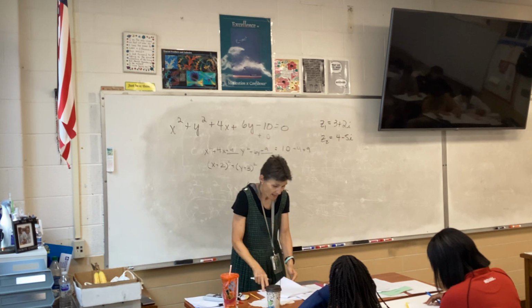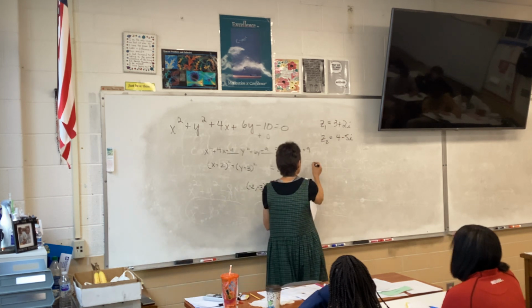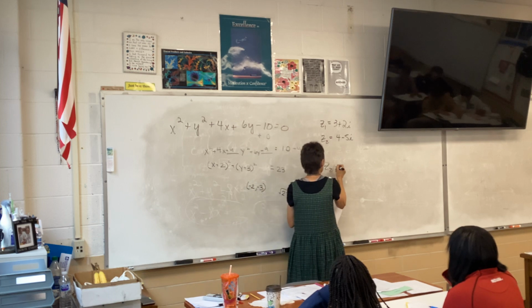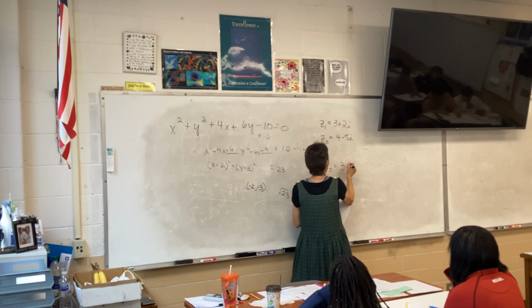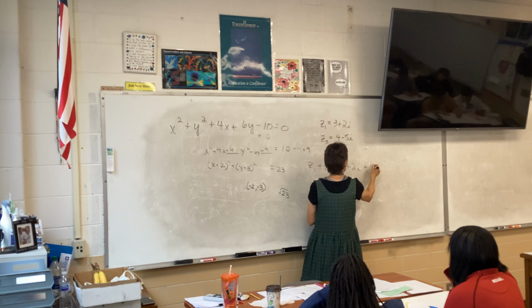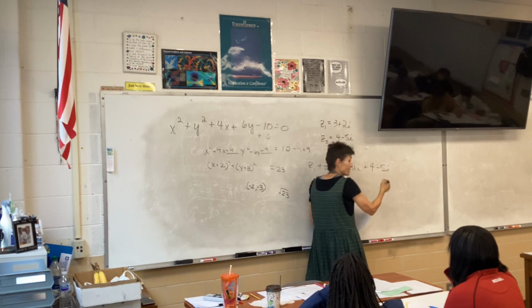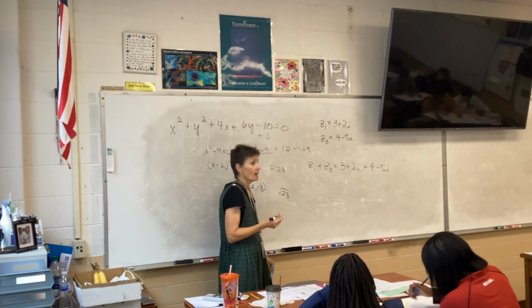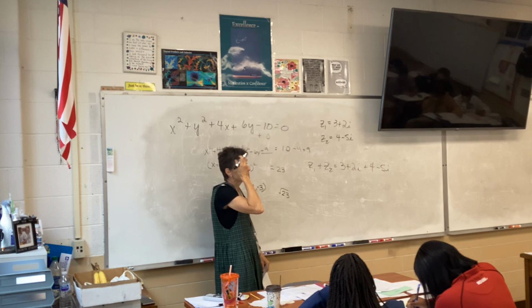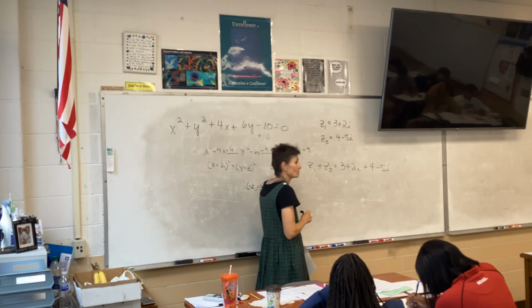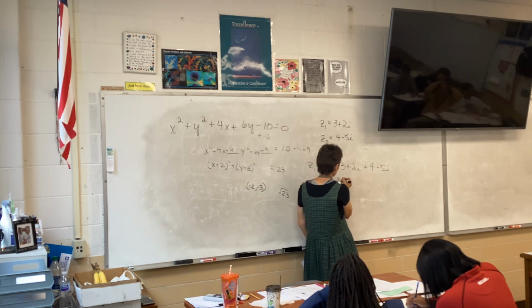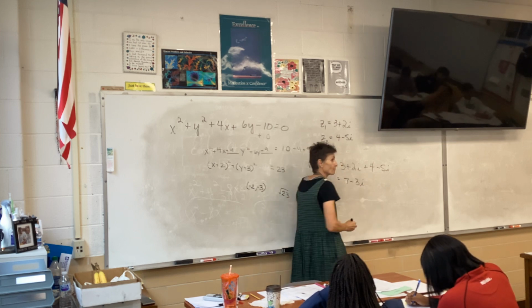So when they say, find z sub 1 plus z sub 2, that just means we're gonna add those two numbers together. Does that make sense to you? How do you think you do that? Combine like terms. So our answer would be 7 minus 3i.